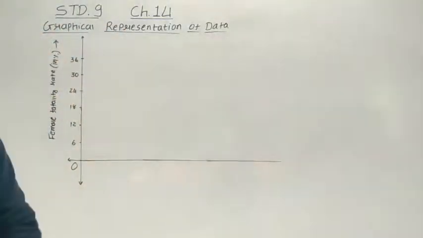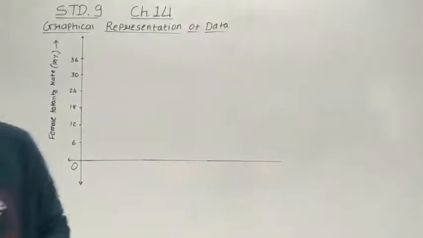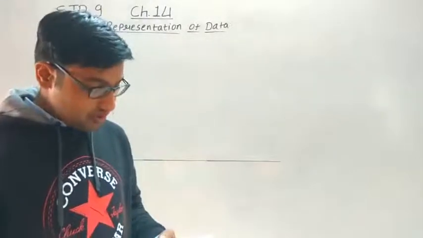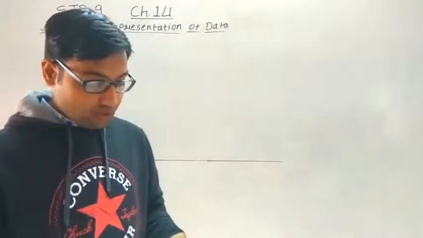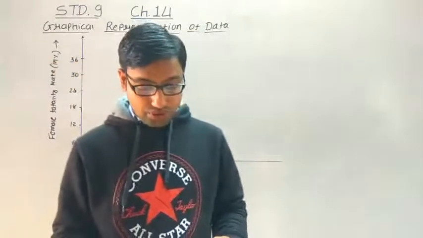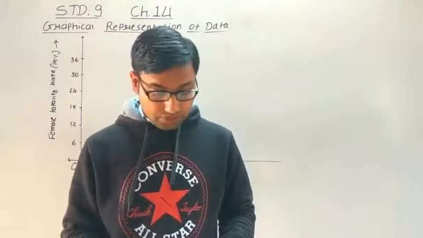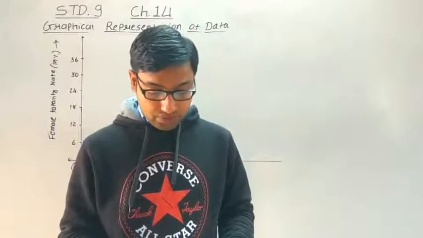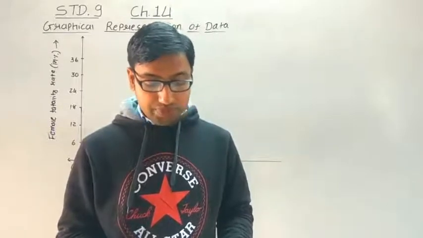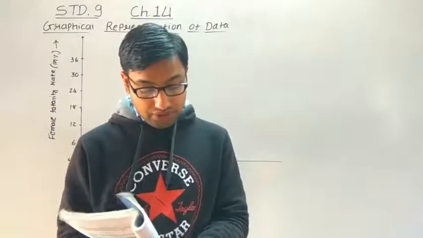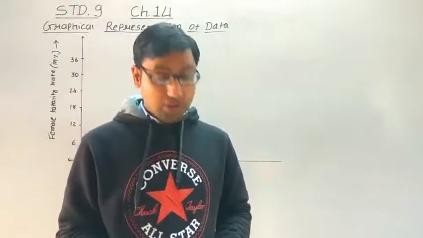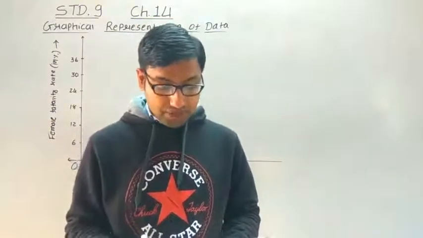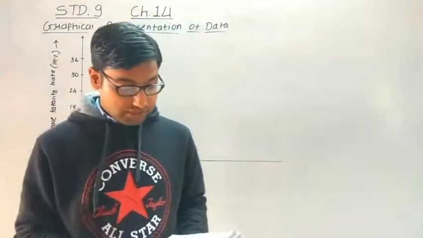To represent this, here we have taken an example from exercise 14.3, question number 1. The question is: a survey conducted by an organization for the causes of illness and death among women between the ages 15 to 44 years worldwide found the following figures in percentage. Three columns are given: first is the serial number, second is causes, third is female fertility rate in percentage.